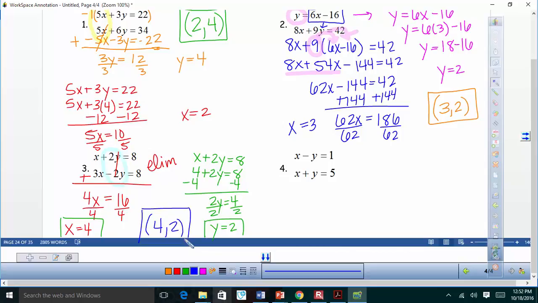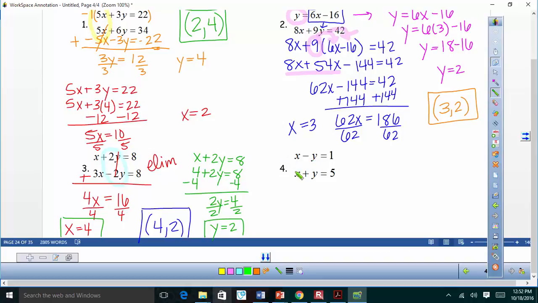Okay, so from here, let's just go through and talk about elimination or substitution, because I think y'all know how to solve by now. So in number 4, looking at the format, would we do elimination or substitution? We would actually do elimination because we don't have numbers for x and y.